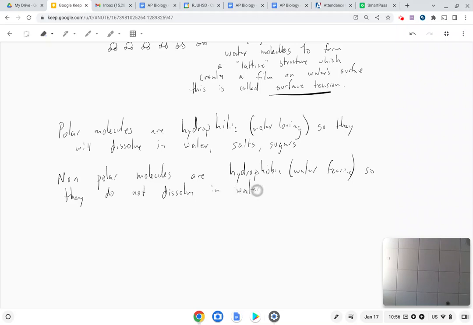Examples: grease, oil, fat. And by the way, like I gave that example of the duck's feathers, the duck's feathers have a grease or an oil on them, and that's what makes them waterproof.